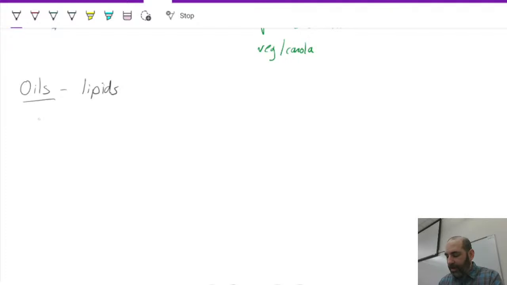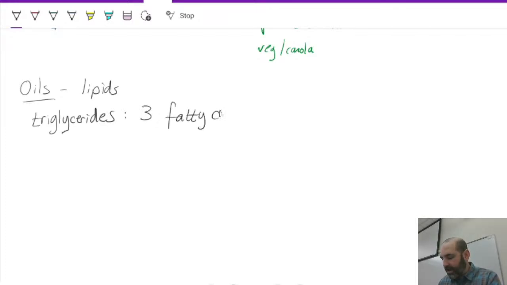Oils are predominantly what we call triglycerides. A triglyceride is 3 fatty acids condensed with the molecule glycerol or glycerin.